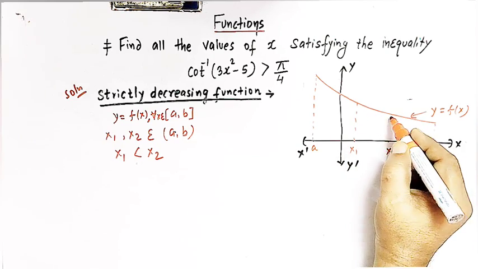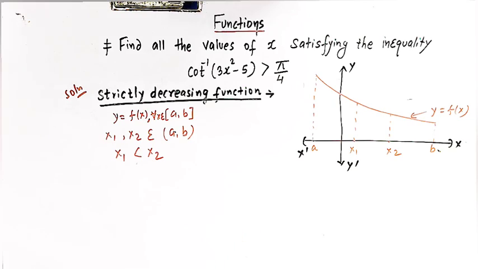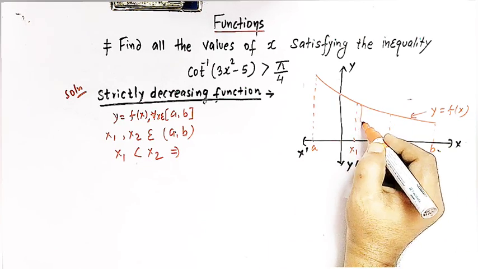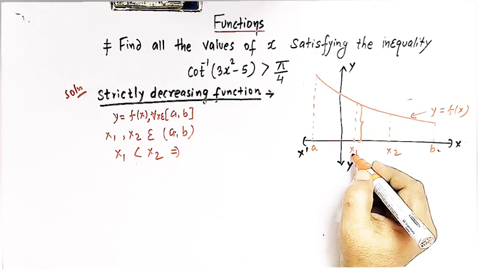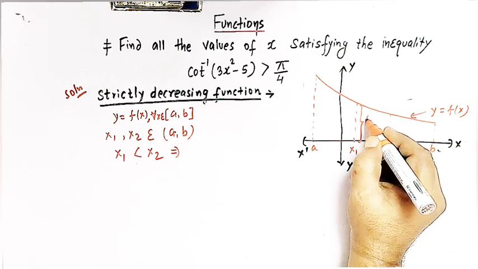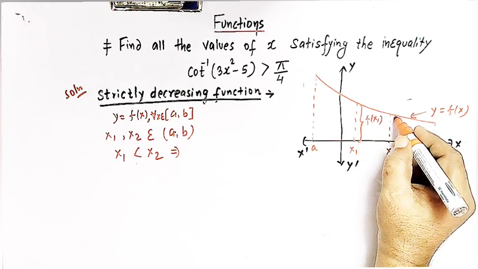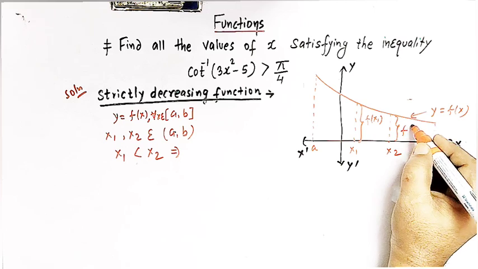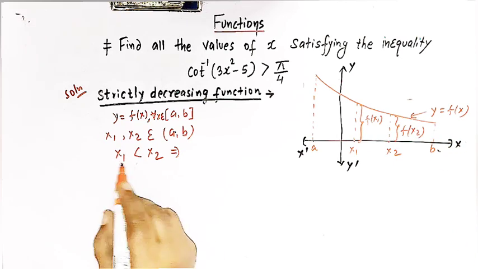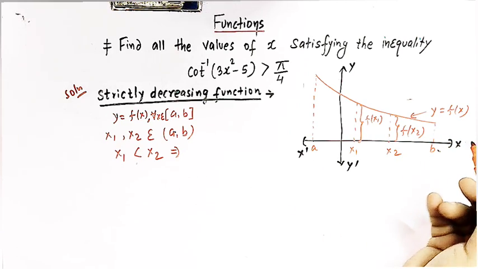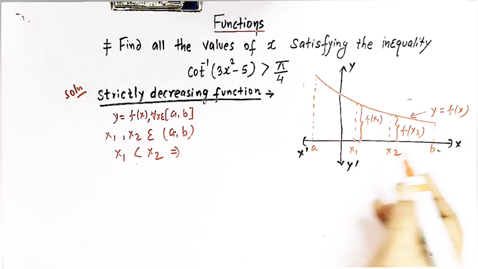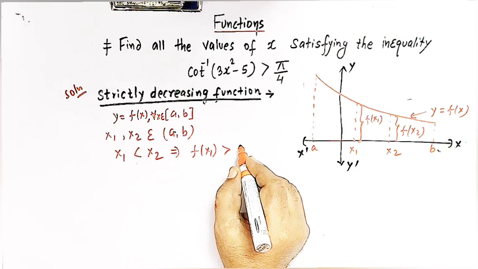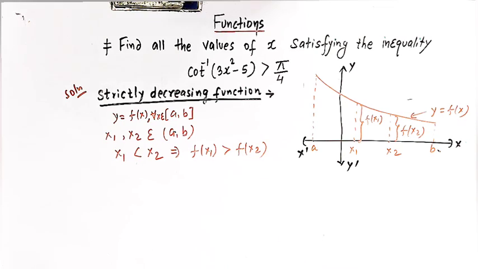When x1 is less than x2, then the value of the function at x1, that is f of x1, is greater than the value of the function at x2, right? So when x1 is less than x2 and the function is strictly decreasing, then f of x1 should be greater than f of x2.